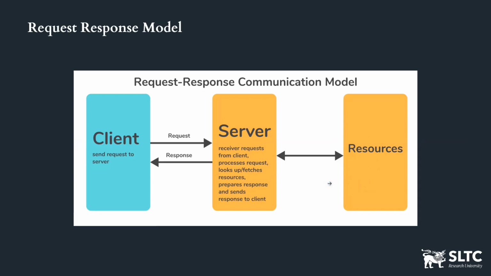The server will have a connection to the resources and obtain the necessary resource that the client has requested. The request-response communication model is basically used by protocols such as the HTTP protocol and the CoAP protocol. Those are the common protocols that use the request-response model.